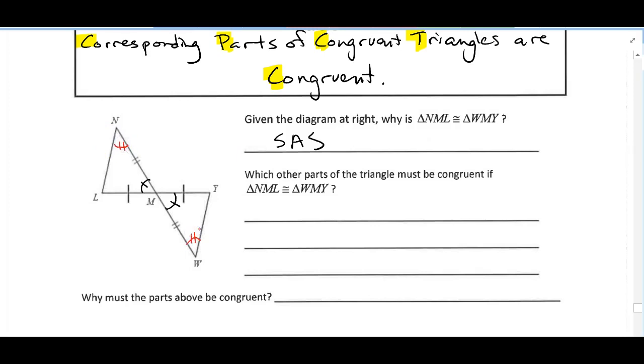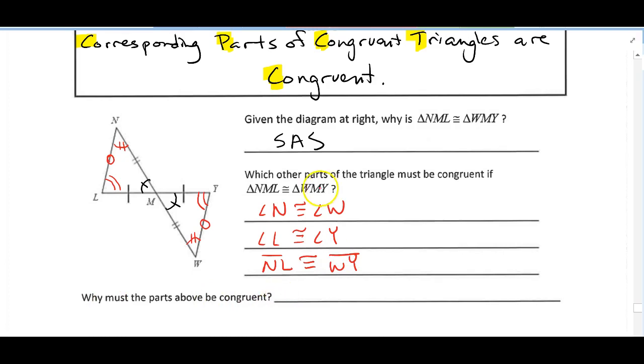Since the triangles are congruent, angle N is going to be congruent to angle W. And we also know that angle L is going to be congruent to angle Y. And lastly, we know that segment NL is going to be congruent to segment WY.